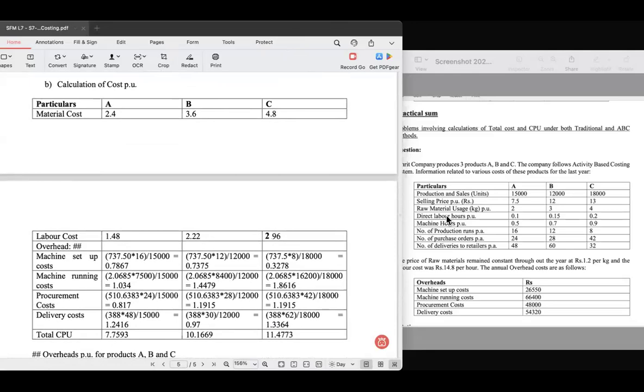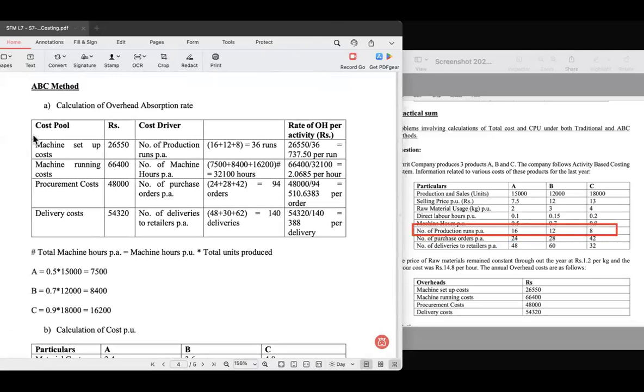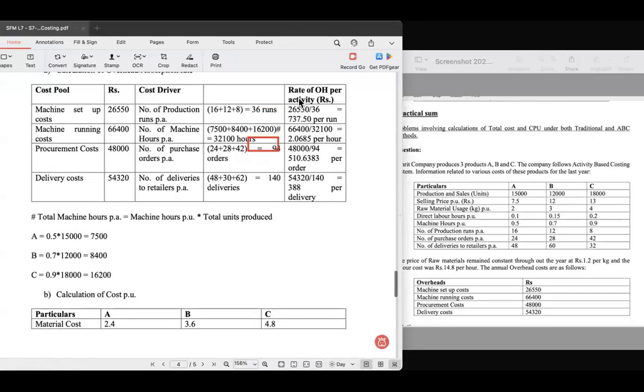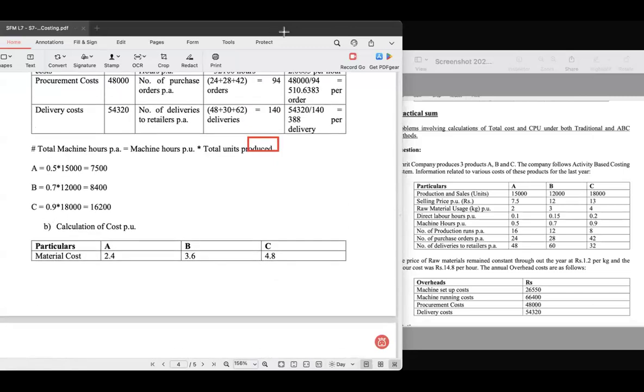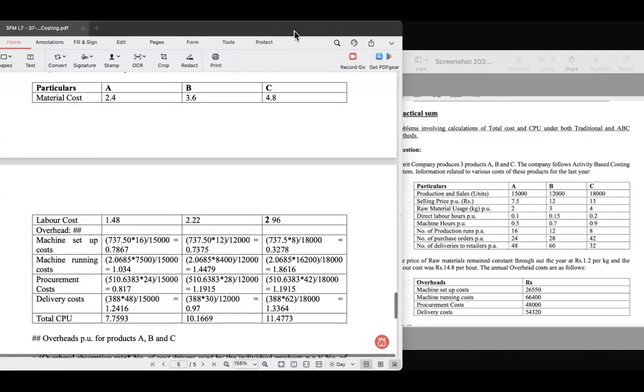So not machine setup cost, the number of production runs, because machine setup cost goes with number of production runs. So we are going to find it for each unit. Therefore, instead of taking the total amount, we have to take individual amounts. So I have to keep annotating. When I annotate and move to the next page, I have to delete it, so that's why it's taking a little bit of time.